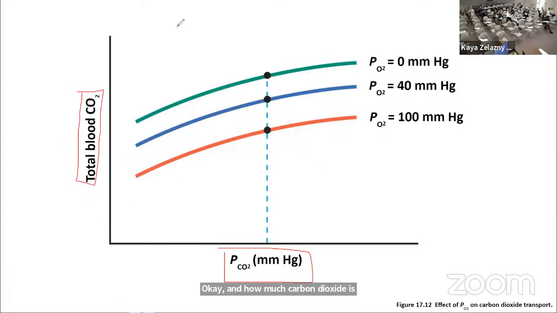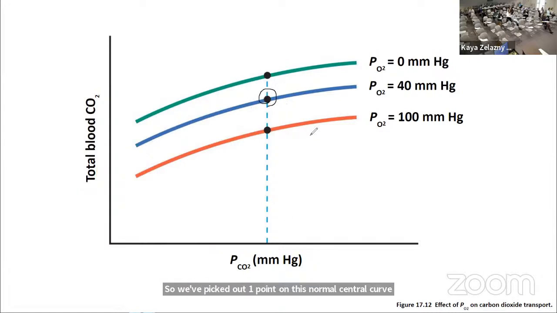If we picked just this center curve, at any given partial pressure of carbon dioxide, you have a corresponding total amount of carbon dioxide in the blood. That's why we have a curve like this. So we've picked out one point on this normal central curve.